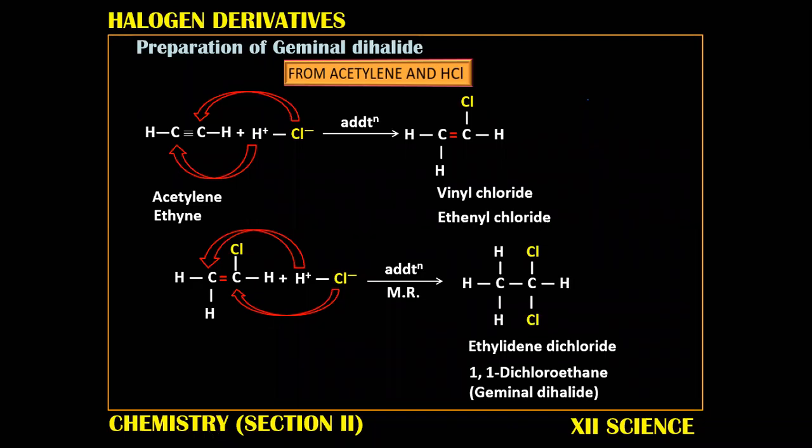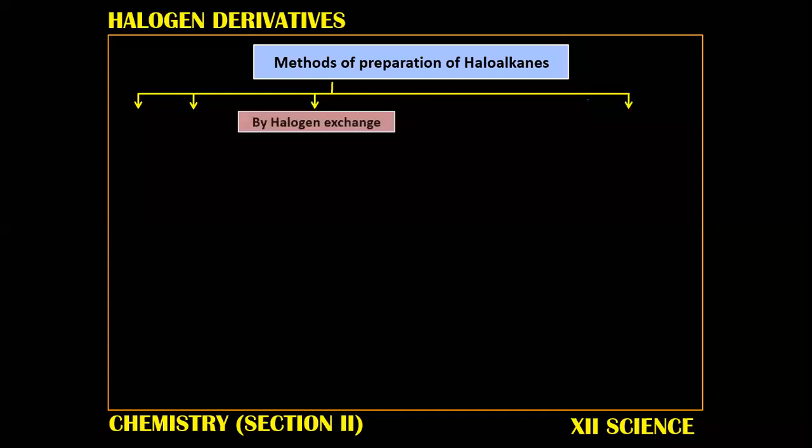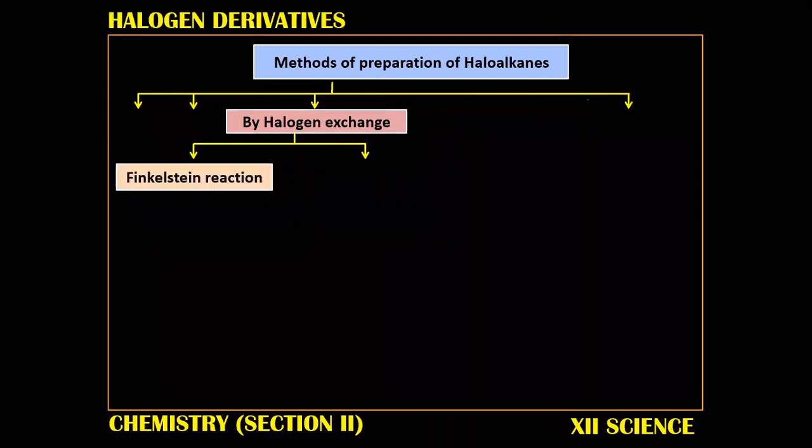Okay, I'll change the slide. Now next method is halogen exchange. Yeah, important for NEET JEE, I told you all. Okay, halogen exchange. Now this is a very simple reaction, halogen exchange, Finkelstein reaction. This is used to prepare iodide.